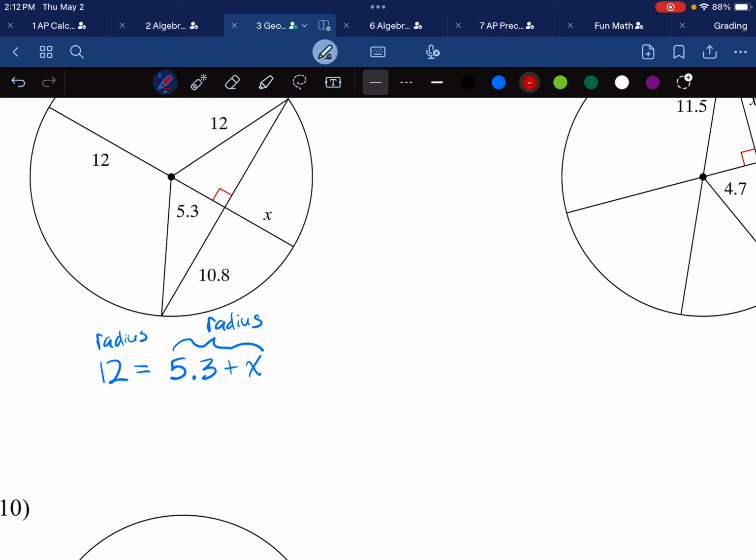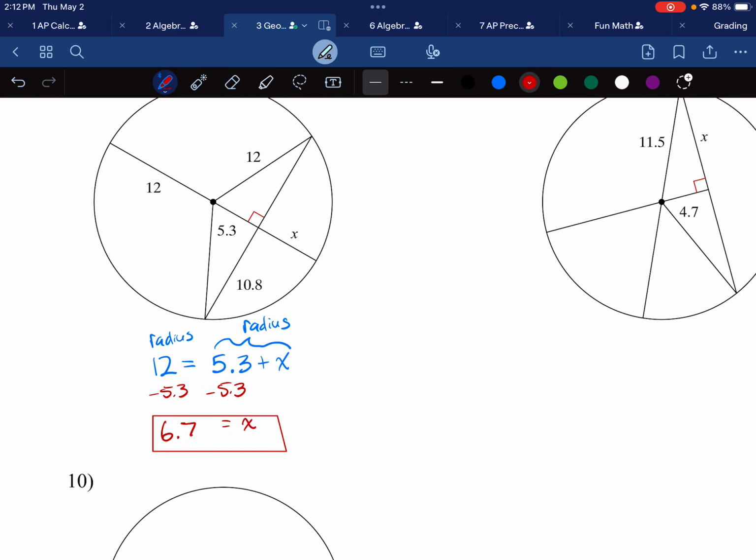So the radius is set equal to the radius, and you just subtract 5.3, and therefore x is equal to, well, 12 minus 5 is 7. I have to go a little bit lower than that, 6 to borrow, and 10 minus 3 is 7, so 6.7. I get my final answer.